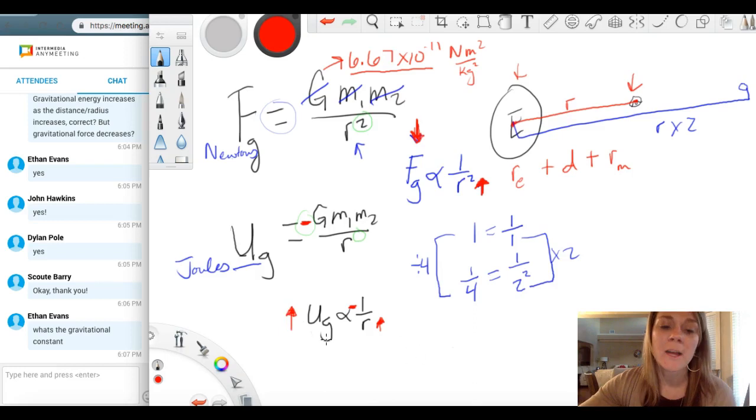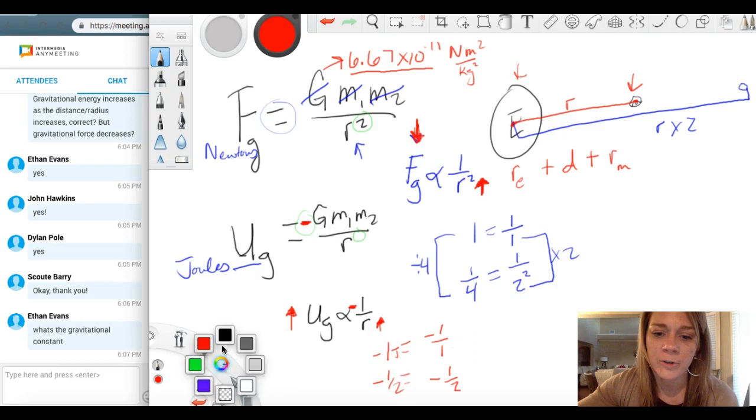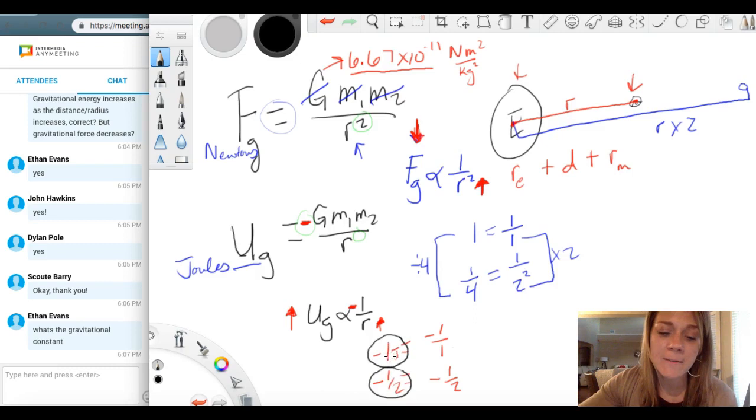Now, mathematically, what we would see is that I would have, let's say, -1/1, and that's going to equal -1 joule. But if I double this R value, now I'm going to get -1/2. And I would ask you, which of these numbers is larger on a number line, -1 or -1/2? -1/2 is actually larger than -1.